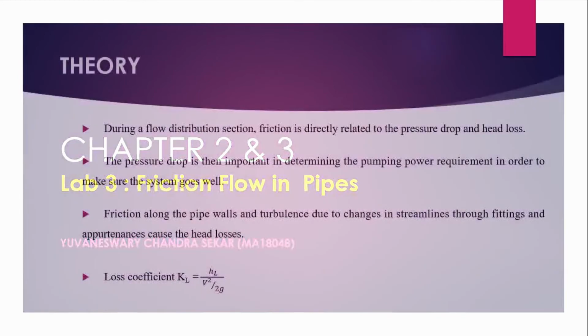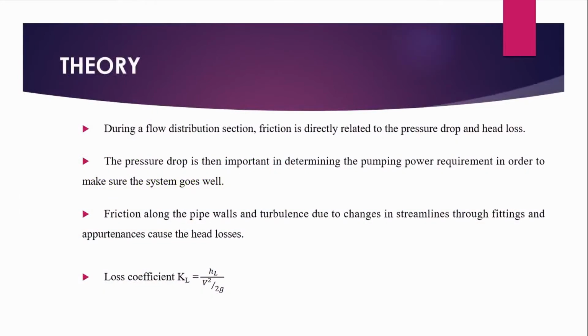Let's see the theory. During a flow distribution section, friction is directly related to the pressure drop and head loss. The pressure drop is then important in determining the pumping power requirement in order to make sure the system goes well. Friction along the pipe walls and turbulence due to changes in streamlines through fittings and appurtenances cause the head loss.